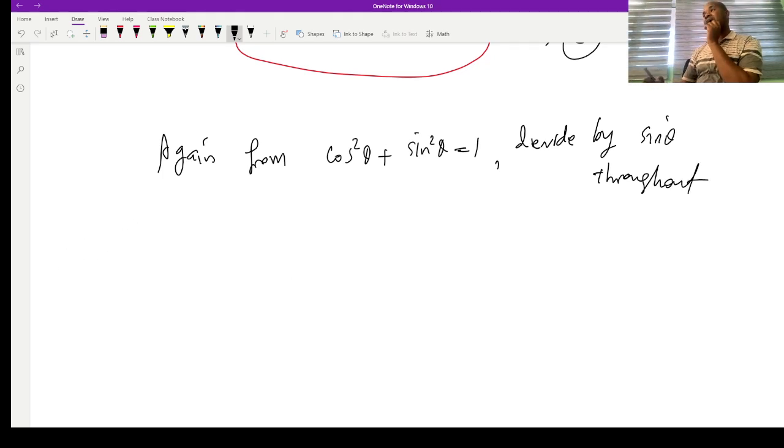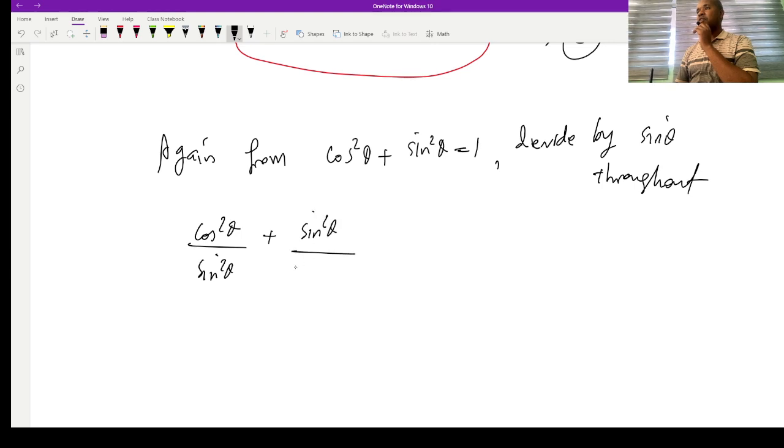So when we divide by sine theta throughout, we'll be having now cos square theta over sine square theta plus sine square theta over sine square theta, eventually having 1 over sine square theta.